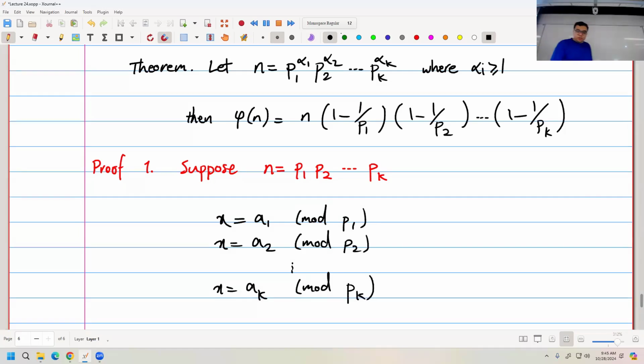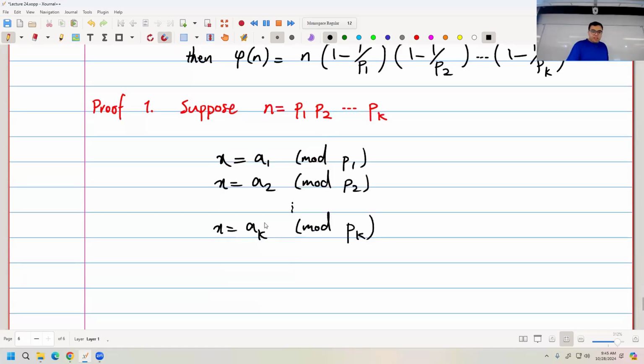So if I give you some values a1, a2 to ak, and I say I want x to be a1 modulo p1, a2 modulo p2, and so on, there is a unique solution modulo p1 times p2 to pk, because all of these are relatively prime to each other, of course. These are just prime numbers, literally, right?